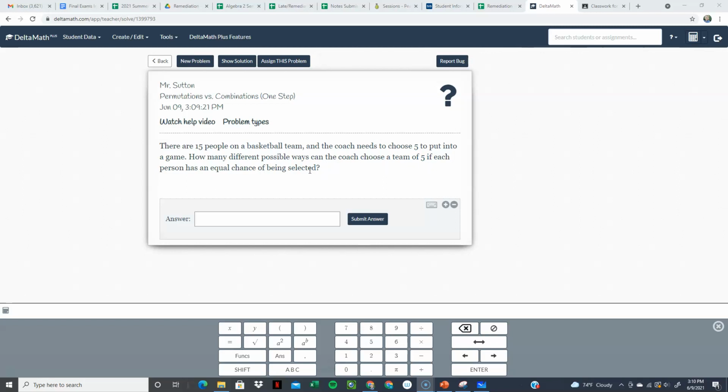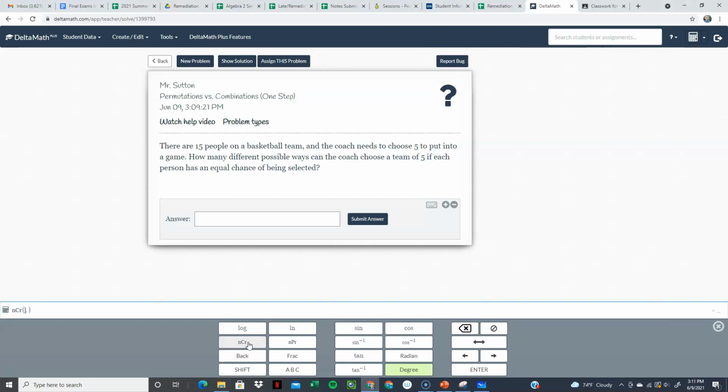If each person has an equal chance of being selected, that means there is no order to this basketball team. If you choose 5 people, and then you have a different 5 people, but it's the same people in a different order, then those are the same exact team. So this would be a combination, and it's out of 15 people.